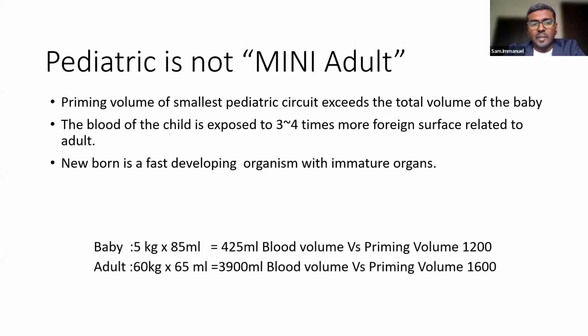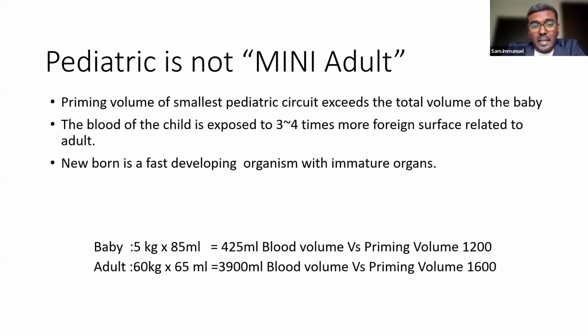Just to understand, if you take a 5 kg patient with the blood volume constant, the total blood volume of the patient is roughly 425 or 450 ml. But our priming volume is almost 1200 ml, which is the entire circuit itself. Even if you use a miniature circuit, you can bring it down to 1000 ml, which is almost double the blood volume of the patient.